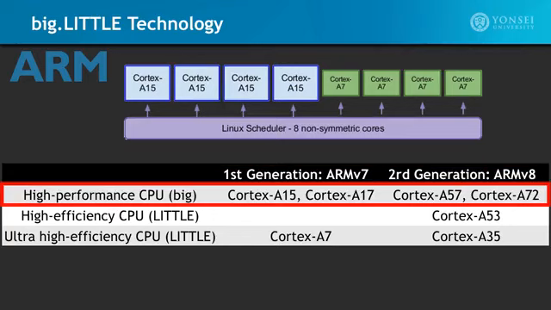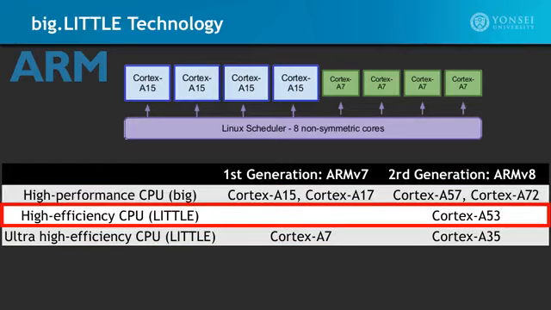For the ARM v7, it uses a Cortex-A15, like the picture above, and it has a Cortex-A17 option as well for high performance for the big CPUs. For second generation ARM v8, it uses a Cortex-A57 in the position of where you see the A15s in the figure above. Or it can use the Cortex-A72 structure. For high efficiency CPU on the little cores, the ARM v8 has the option of using the Cortex-A53.